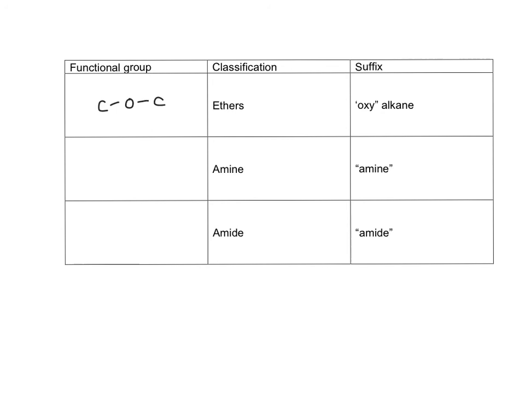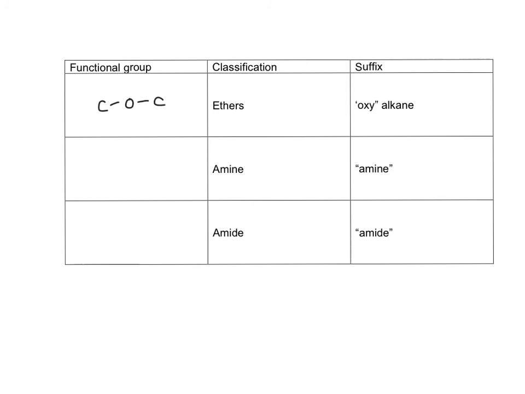So we'll get into naming again, but you'll see the name oxy and an alkane. So methoxyethane, ethoxypropane, but you'll have a root followed by an oxy, and then another alkane name.